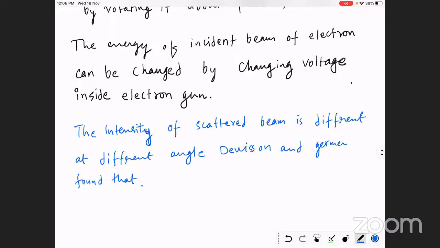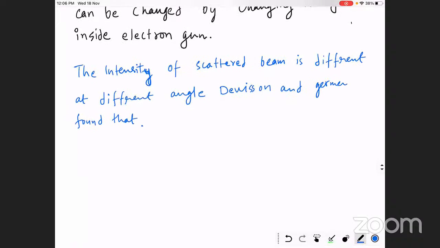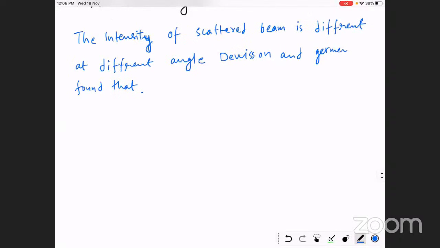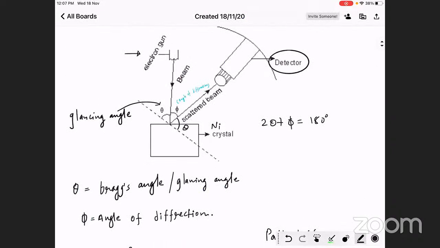Davisson and Germer found that the intensity of a scattered beam is different at different angles, and they plotted a graph. They started plotting a graph between intensity and accelerating potential, because this is an experiment, right? They can change the accelerating potential at the electron gun.